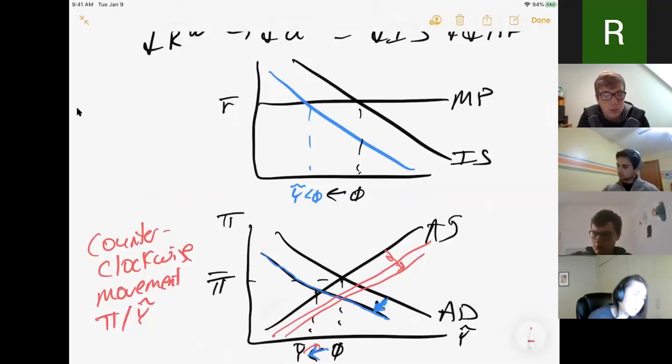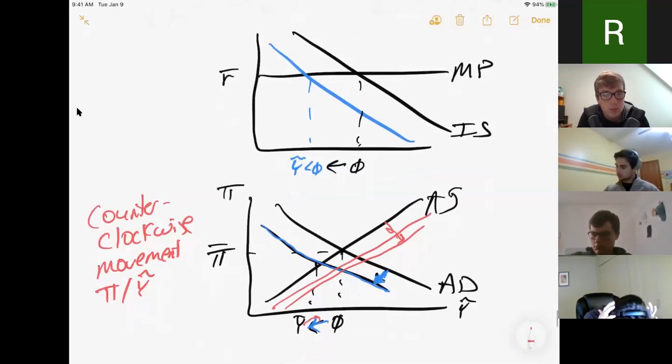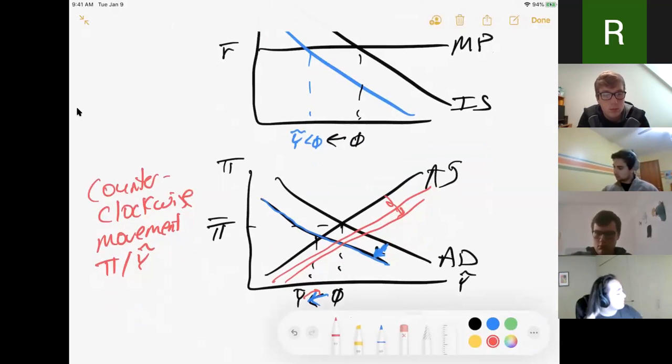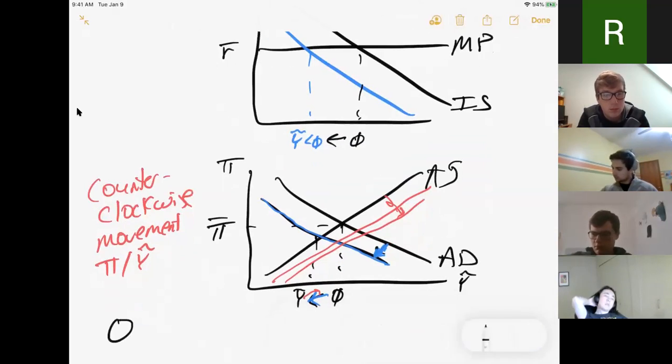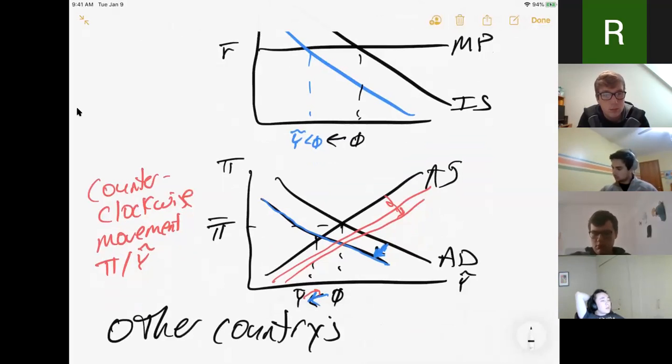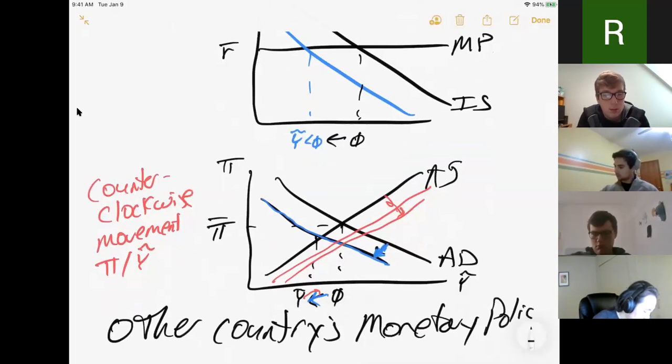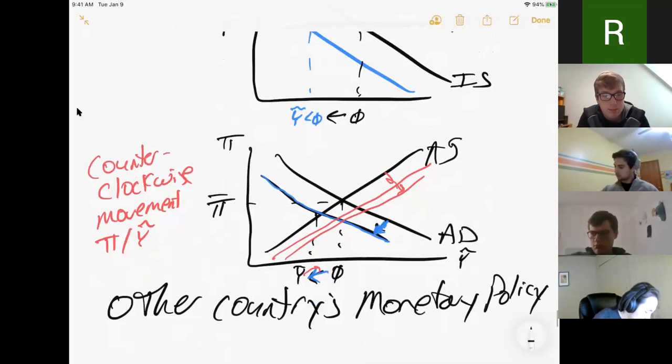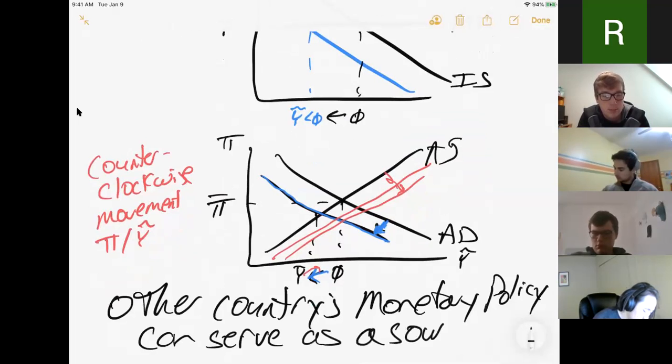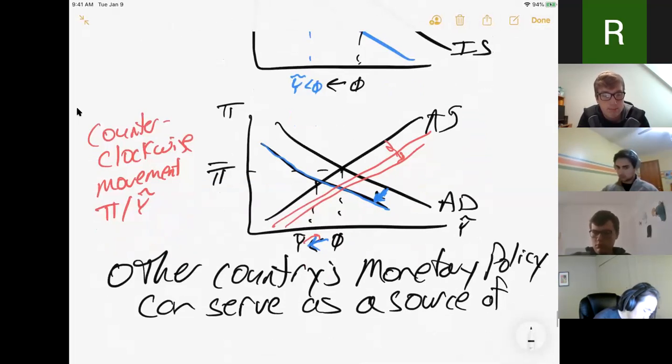So for a country like Canada, maybe the important thing to notice here is that other countries' monetary policy can serve as a source of aggregate demand shocks.